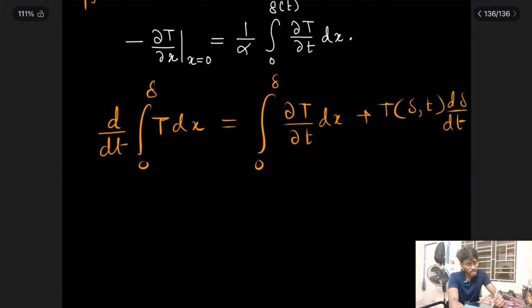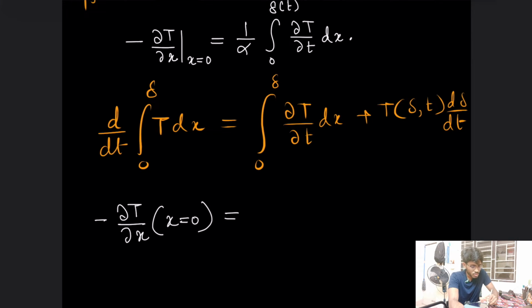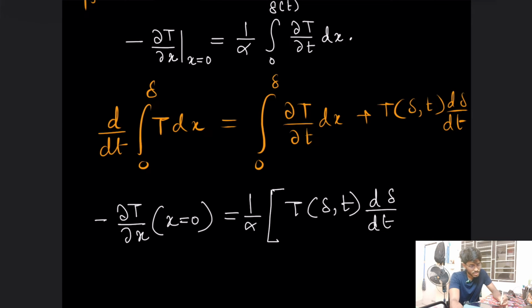Then our equation will be minus del T del x at x equal to 0 is equal to 1 by alpha, T at delta comma t into d delta dt, sorry, minus d delta dt plus d dt of the integral of T dx from 0 to delta.